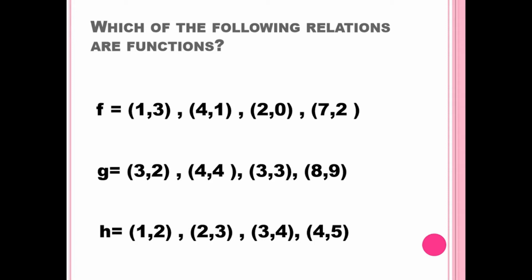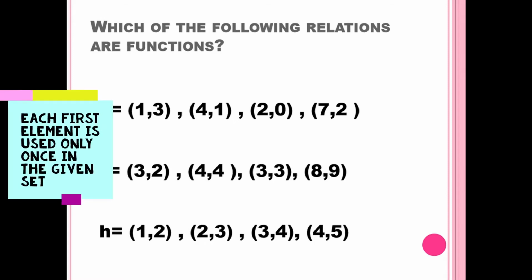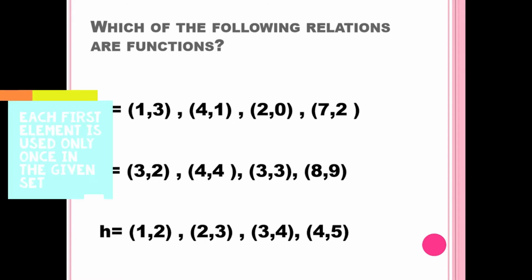So I will be giving you some hints on how you are going to identify if that is a function or not. We can easily determine whether the relation is a function or not by simply looking if each first element, which is our input, is used only once in the given set.